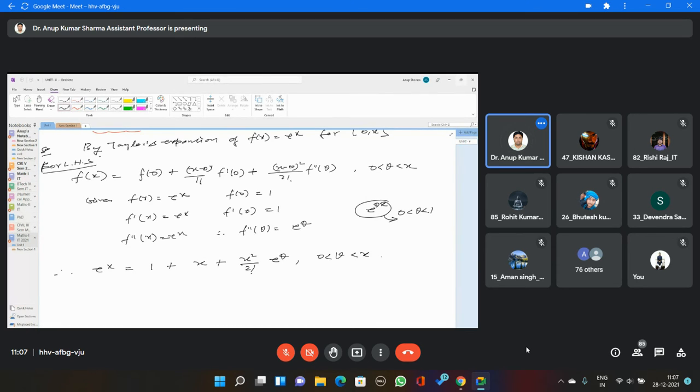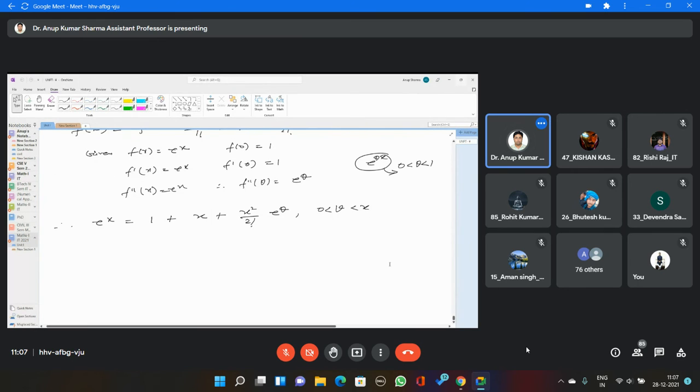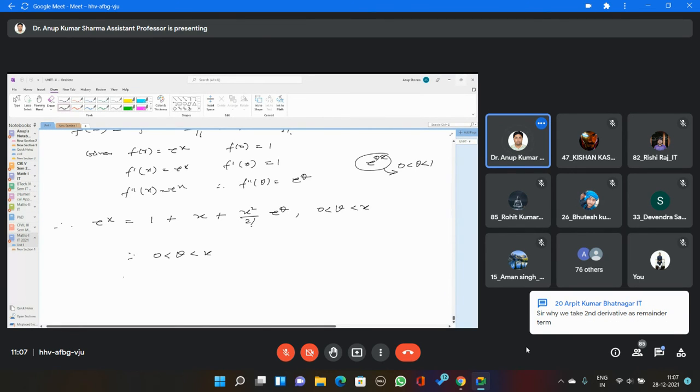Just a second. 0 to theta x. No issue, both ways we can solve, you will get to the right position. Since theta is less than x and greater than 0.